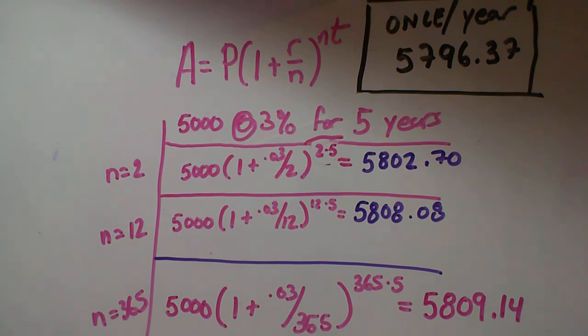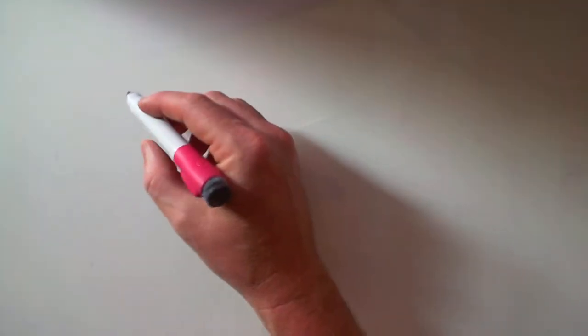So that leads us to our next formula, which is the formula for continuously compounded things. In order to understand the idea of continuously compounded values, we got to introduce a new number. And that new number is e.